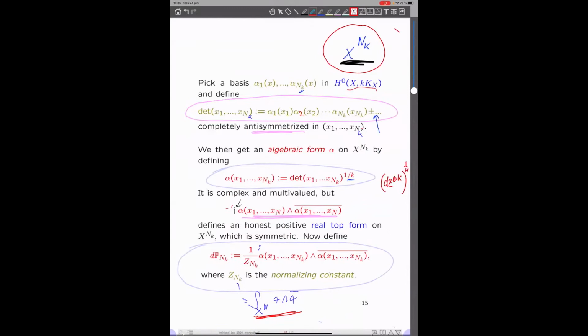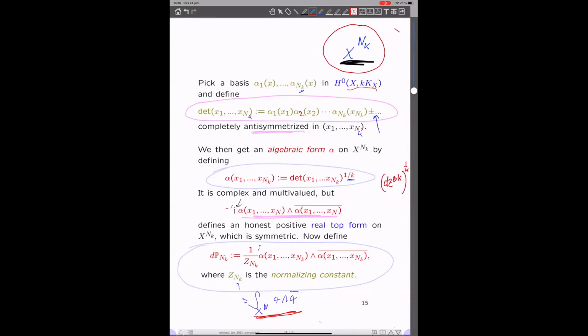And naively, to get a measure on the n-fold product, you just multiply these together: the value at the configuration x1 to xn is just alpha 1 of x1 times alpha 2 of x2, and so on, and then multiply all these together.